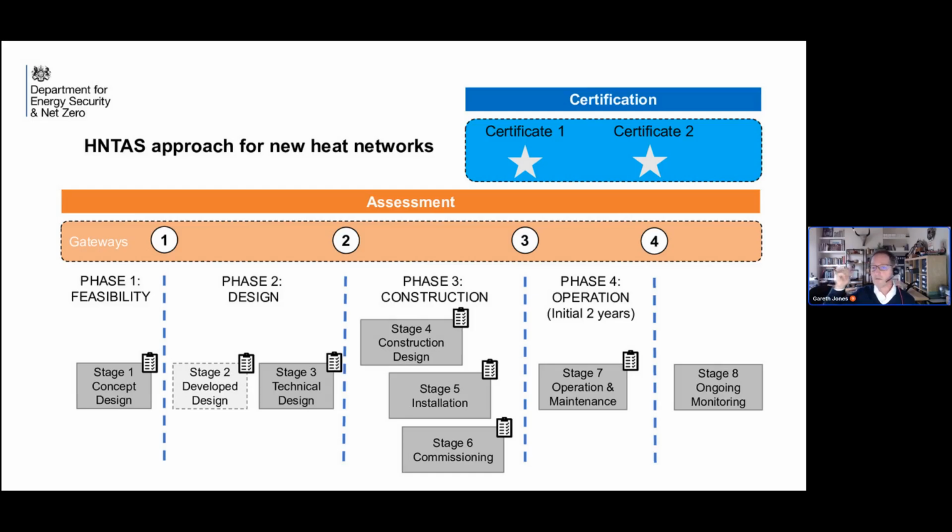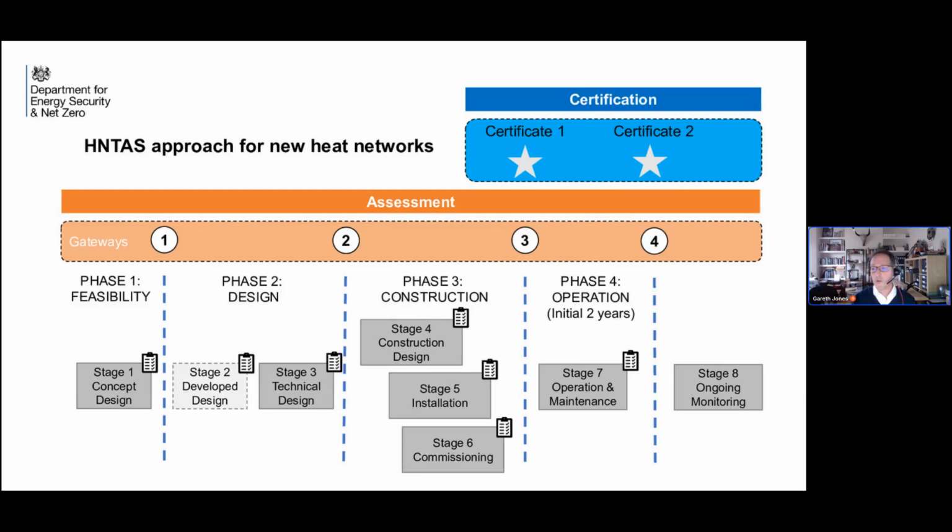Then in construction, we have construction design, installation and commissioning. At the end of that, there's another gateway, so the 1, 2, 3, 4 gateways. And at the end of that construction phase, so the end of commissioning, that gateway there is the first certification stage. So effectively, that's where we get third-party certification, whereas everything up to that point is through an assessment framework.